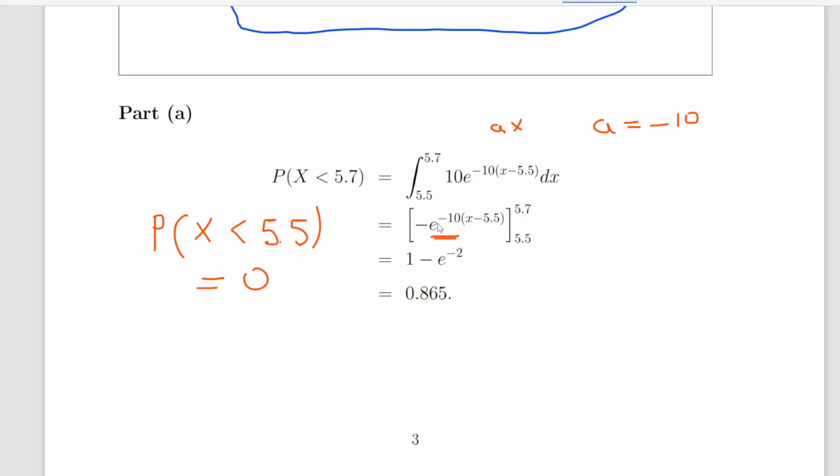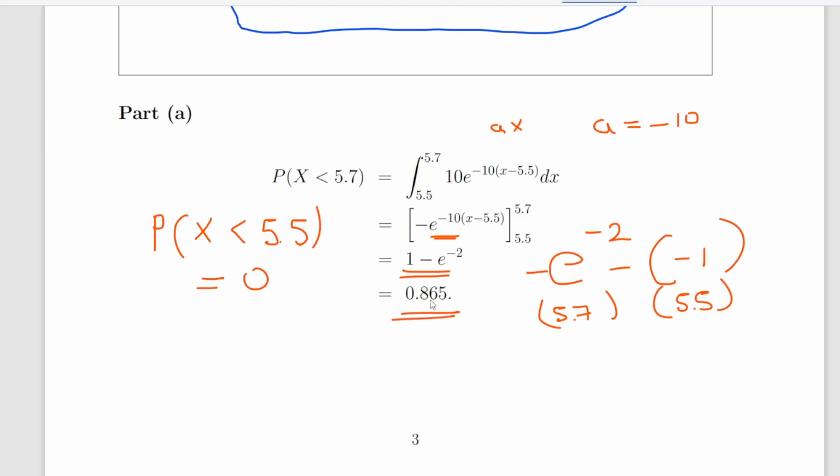E to the minus 2. Okay, so that's 5.7 there, and that's 5.5. Rearranging it algebraically, we get 1 minus e to the minus 2. A bit of calculator work, that is 0.865.